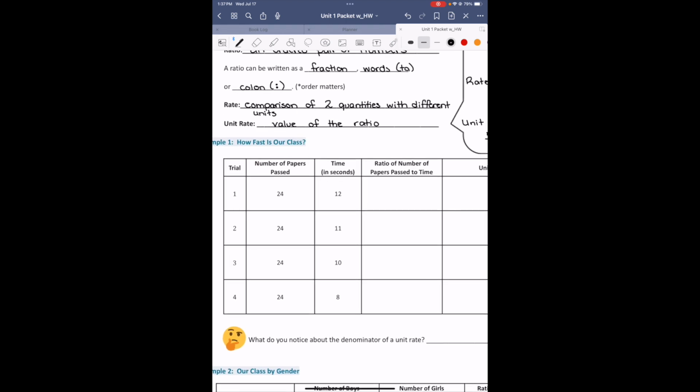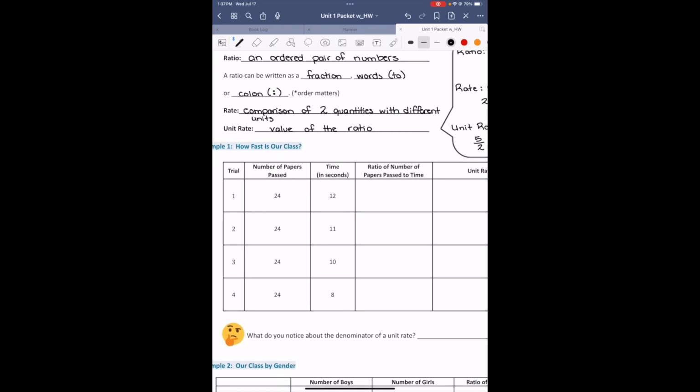So it says, how fast is our class? So we're passing papers, and we're timing ourselves on how fast we can pass those papers. It says, find the ratio of number of papers passed to time. So I'm going to circle "to," because that's helping me understand how my ordered pair is going to be written. That means I'm going to write this with papers first and then time. So this would be written as 24 to 12.